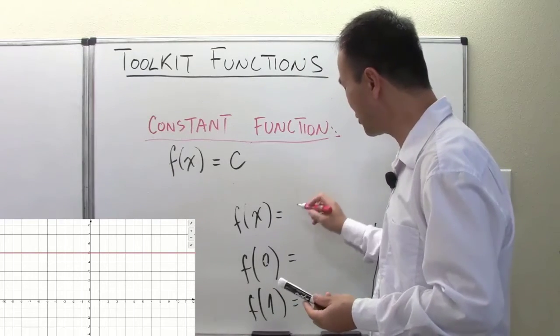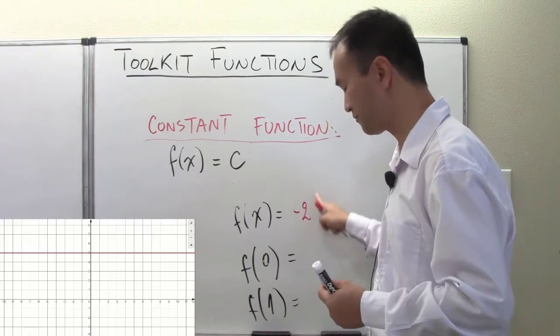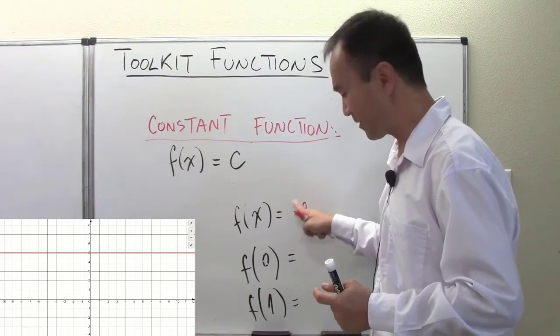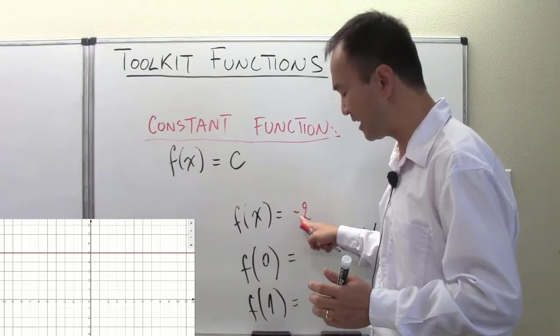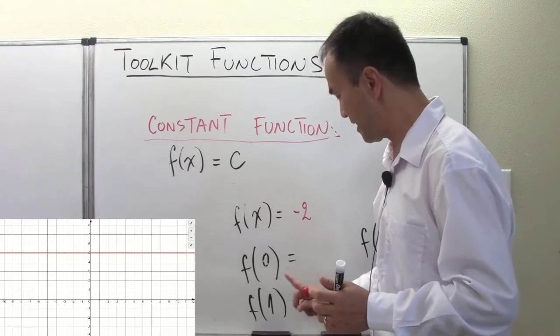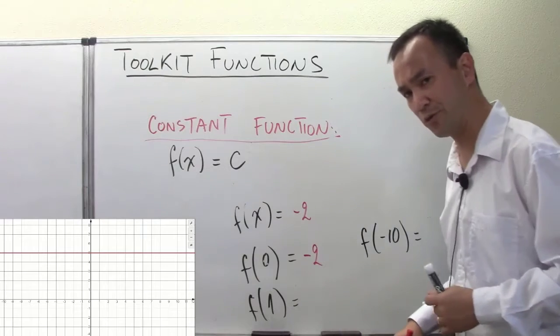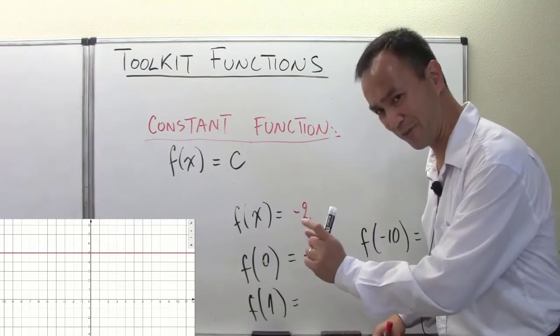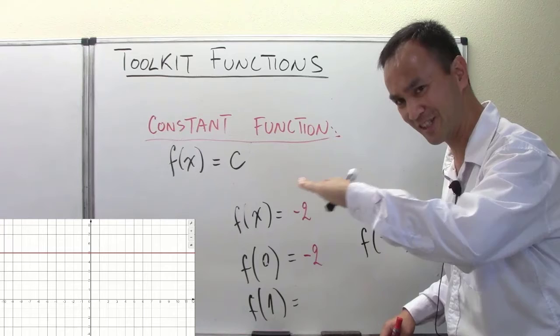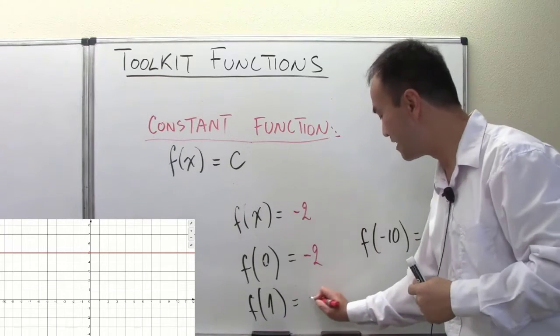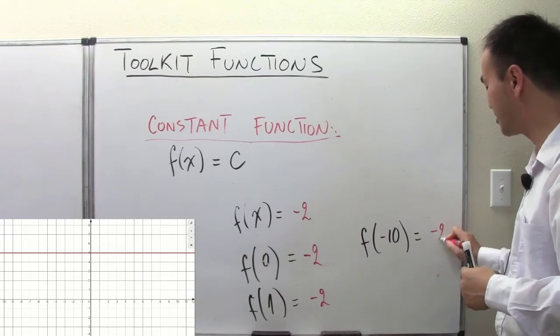And now allow me to use red ink to emphasize we made a little change here. In the end it's still a constant function. But now f of 0, same rule, gives output negative 2. That's why it's called a constant function, because the output constantly stays at the same value. Negative 2 for that, negative 2 for this.